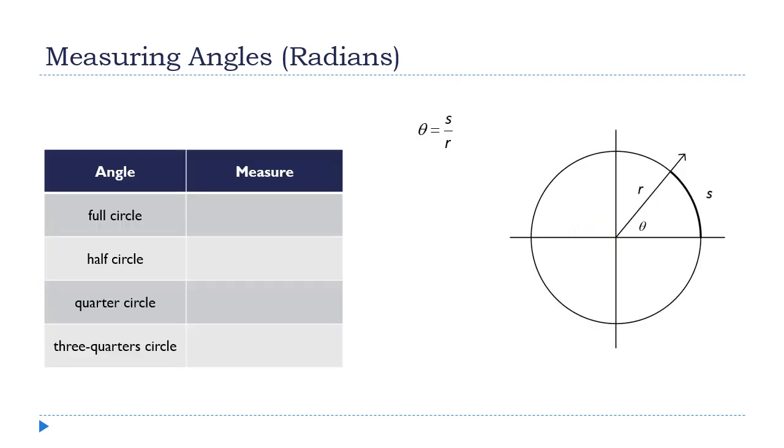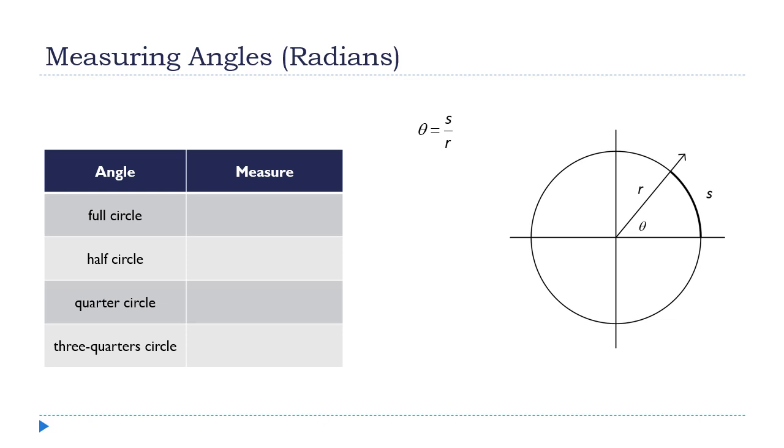Okay, so to get a feel for this new unit, let's take a look at some specific angles and see what their measures come out to. So if our circle has a radius of r, then s, when we're talking about a full circle, is the total distance around. That is, it's the whole circumference, which is 2 pi r.